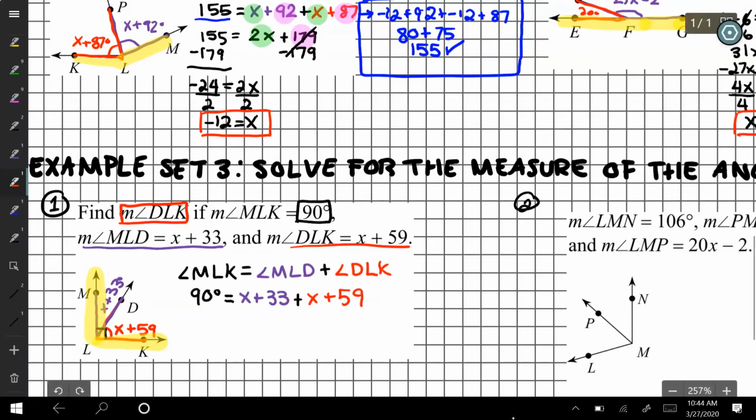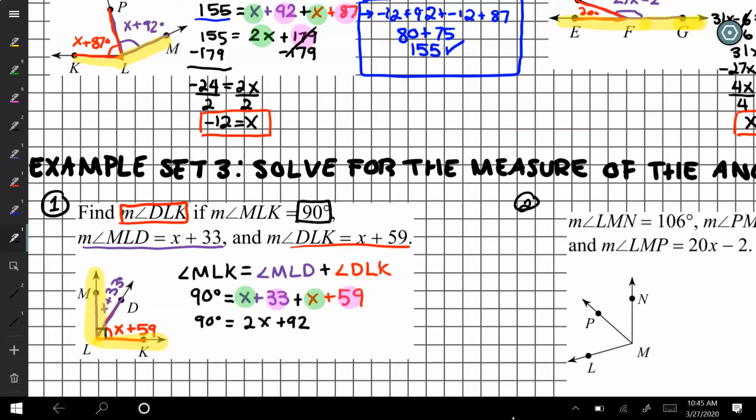We're going to combine our like terms, so all of our x's and all of our numbers. So x plus x gives me 2x, 33 plus 59 is 92 equals 90. So now we have a two-step equation.